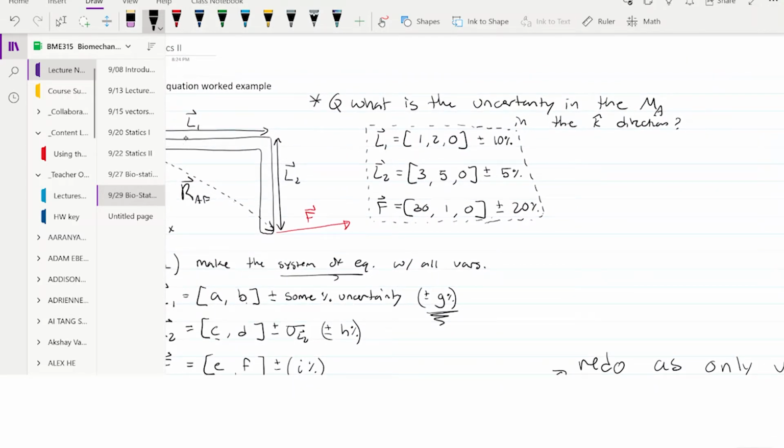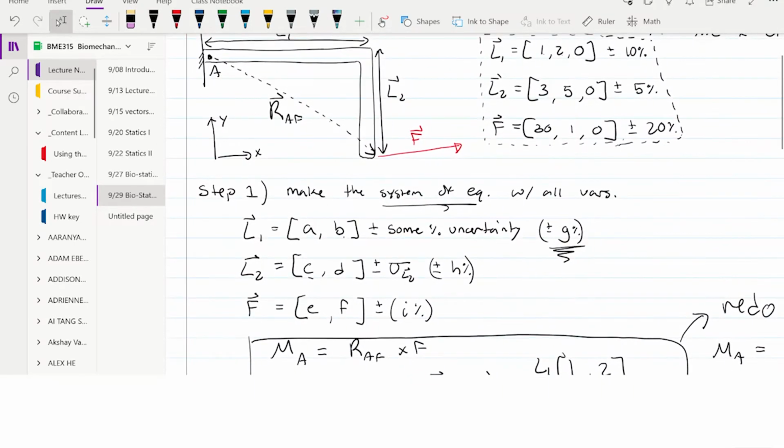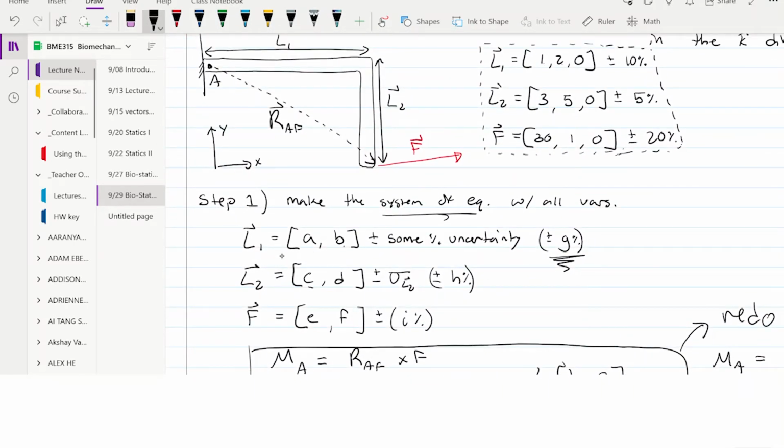I'd give you a vector for L1, L2, and F, and I'd say that vector varies by 10%. So each one of these components varies by 10%. So then your first step would be to take the numbers that I give you and make them all variables, right? So L1 is A, B, and the uncertainty in L1 is G. L2 is C, D, uncertainty is H. F is E, F, uncertainty is I, right?